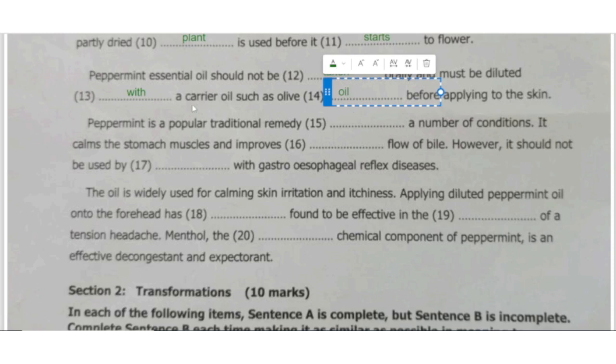So those are the words. Now we know that olive is an oil, so we control that.